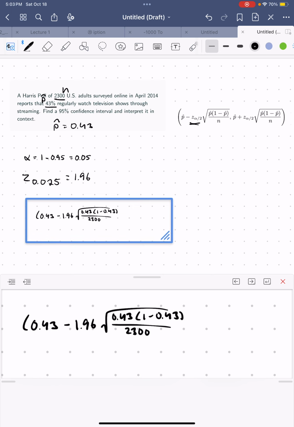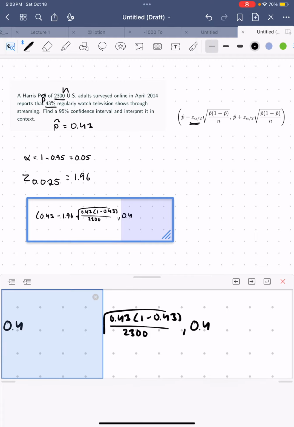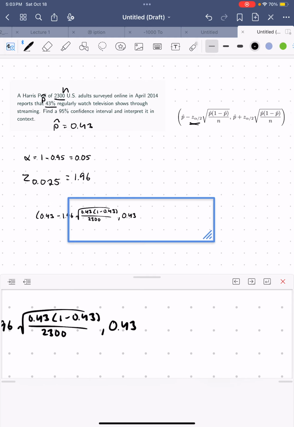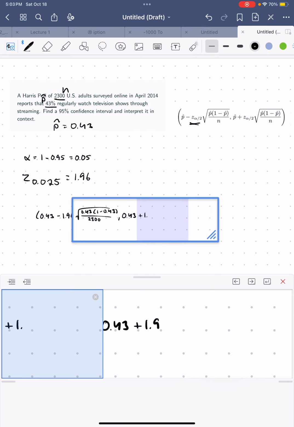And then we have the same thing, except we want to add our values.